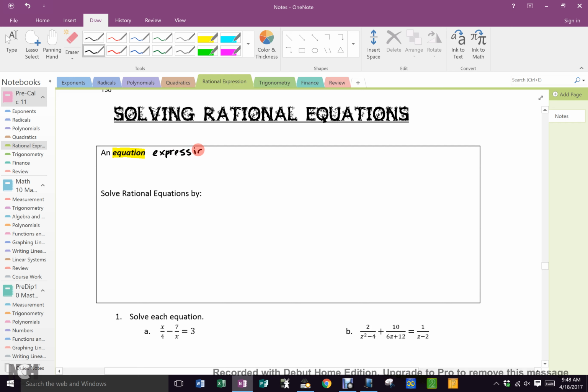An expression which equals another expression. Okay? You have an expression equals another expression. And our job is to find the unknowns that make the equation true.